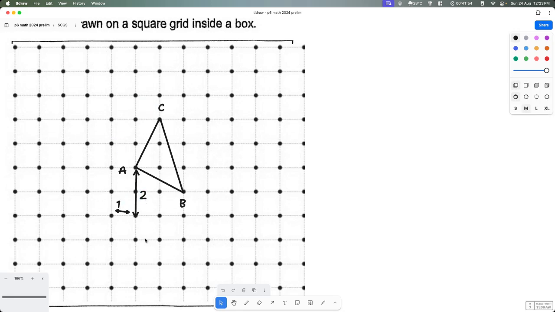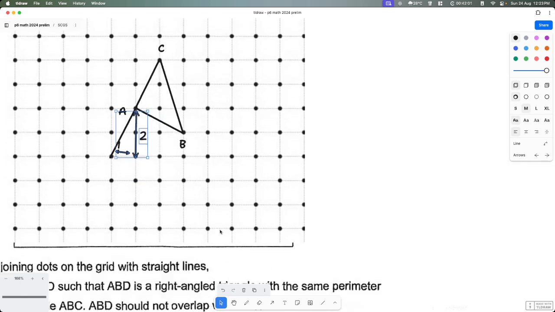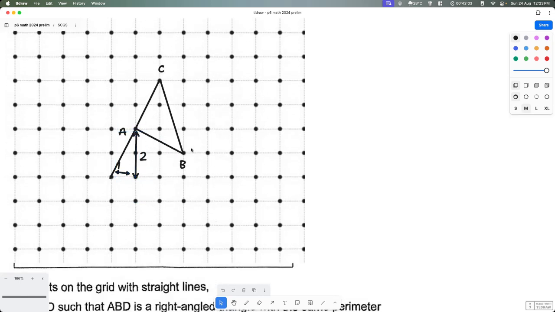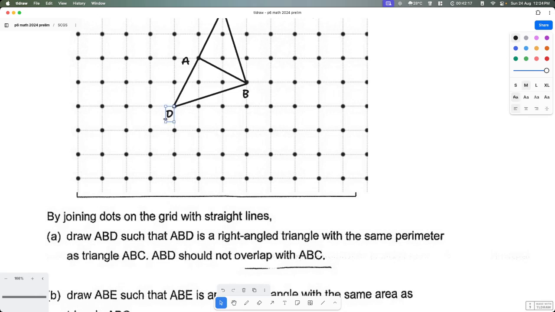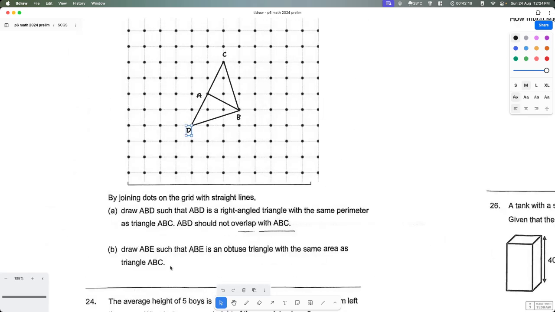So it's this 2. And then after that, we draw a line like this. And then we want ABD, right? So since this is already a right angle, now we can just draw the line and connect it to B. And this will be ABD in this case over here. Okay, let's move on to the next one. Draw ABE such that ABE is an obtuse angle triangle with the same area as ABC.